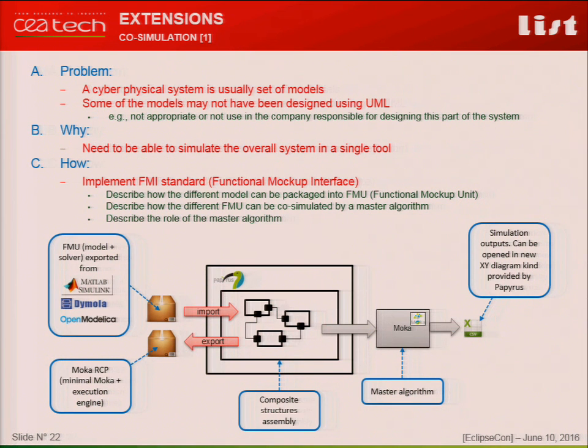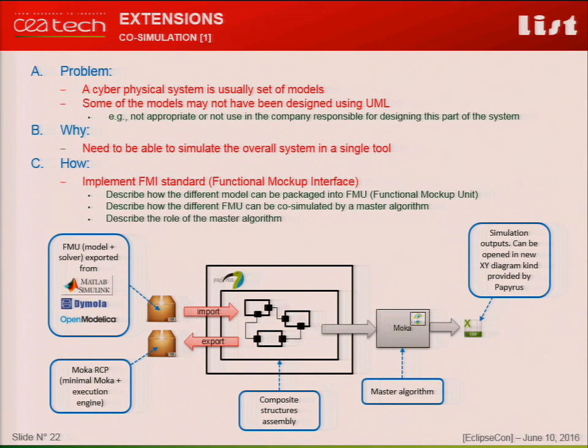The third extension on which we have worked is related to the implementation of support for co-simulations. This support is needed because a whole model cannot be specified in UML. We have models that need to be specified, for example, using Simulink to reproduce physics laws, or in another simulation tool.